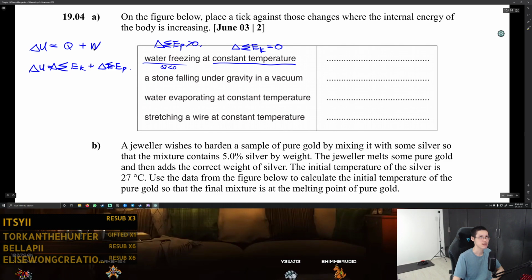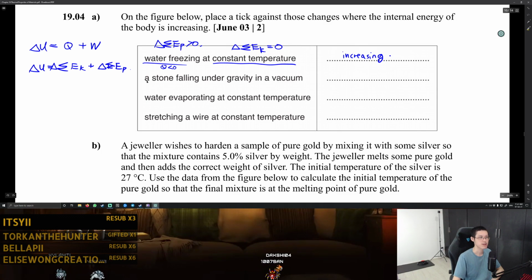It's expanding, so work is being done by the system, so this should be negative, but then you don't know whether the pressure is constant or not. So you can't really tell from the first equation whether it's positive or negative, but I think the answer should be increasing. So the internal energy should be increasing, if I'm not mistaken.